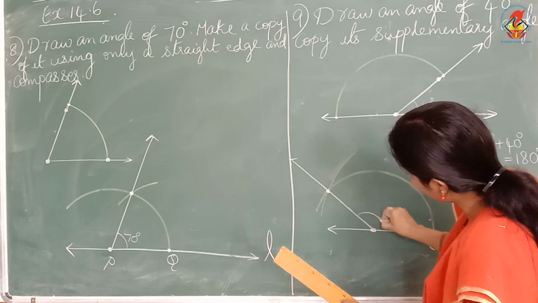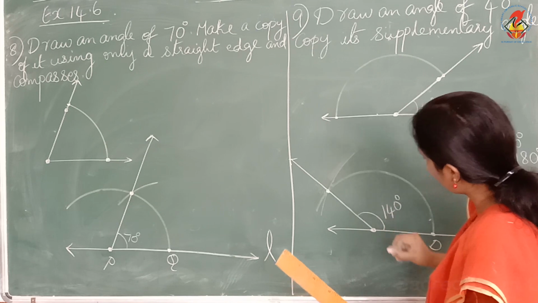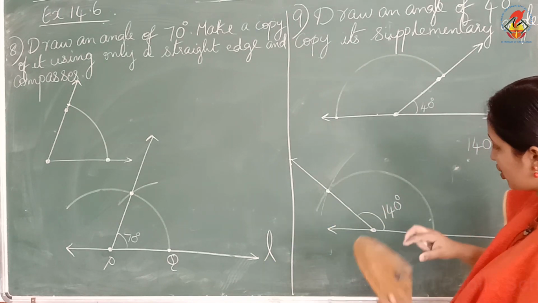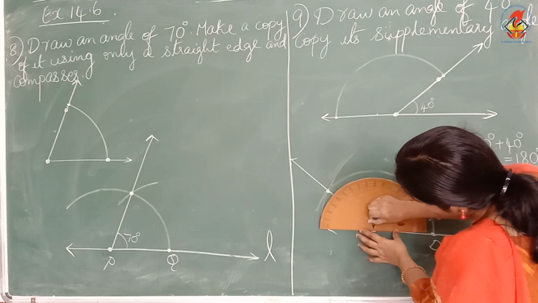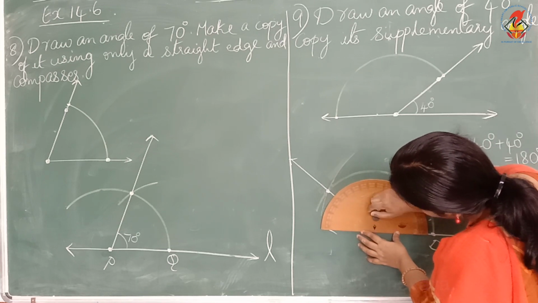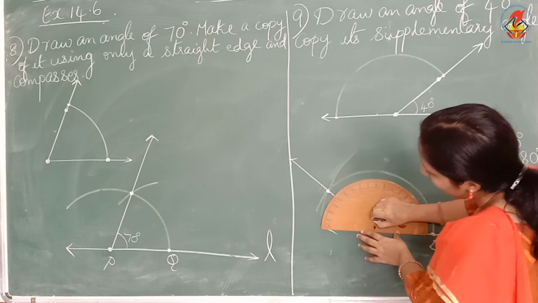So this angle will be 140 degrees. So we have the copy of its supplementary angle. By using your protractor, if you want, you can measure it. Okay, 140 degree angle.